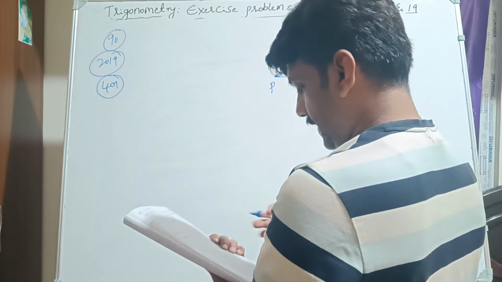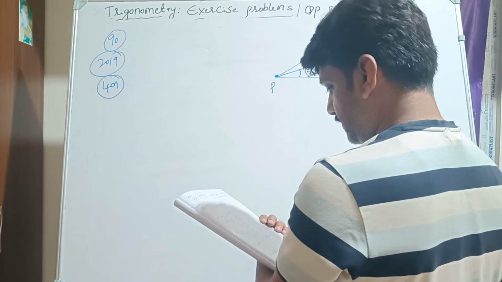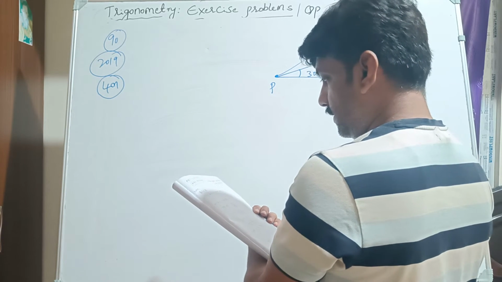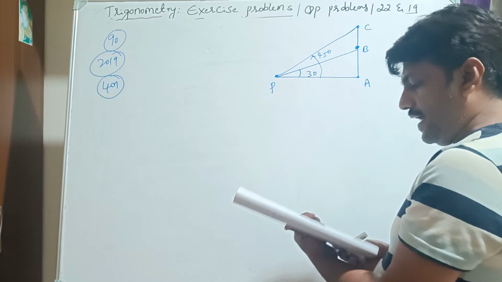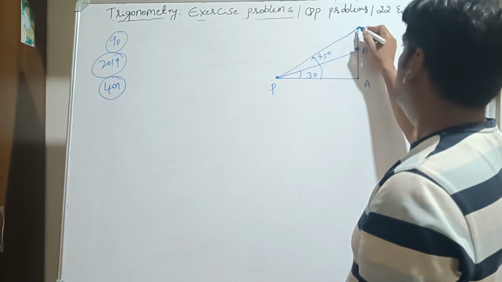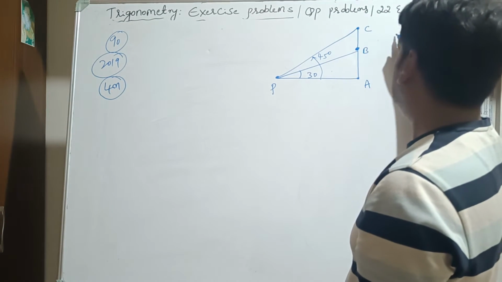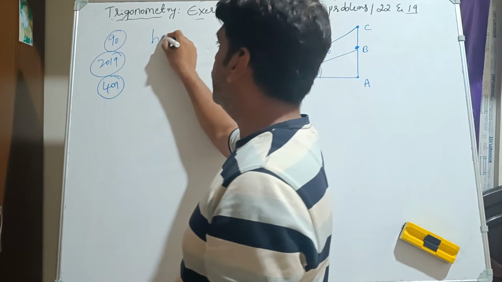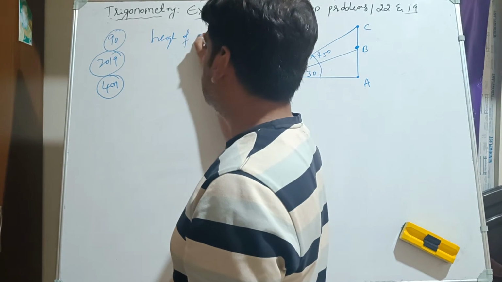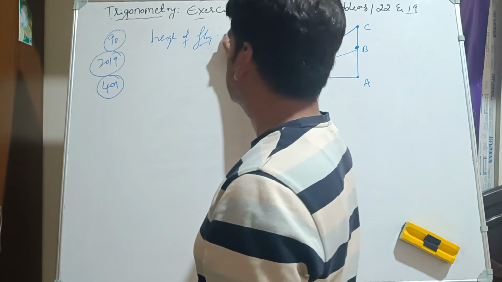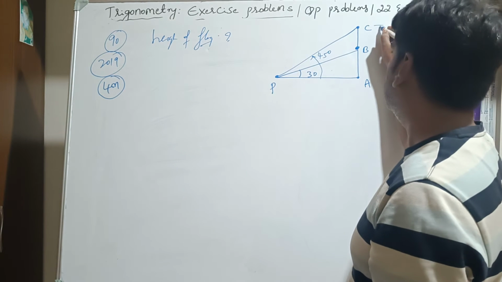So at the end what they are asking is the height of the flag. So this is a flag, they are asking the height of the flag, which means they are asking this portion.